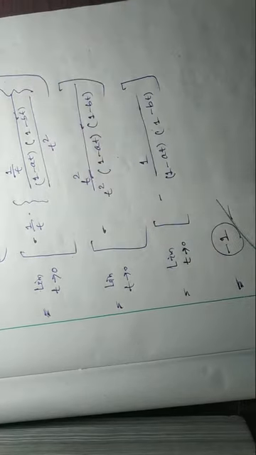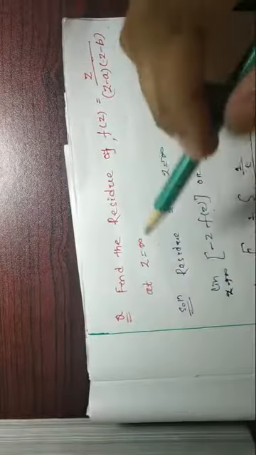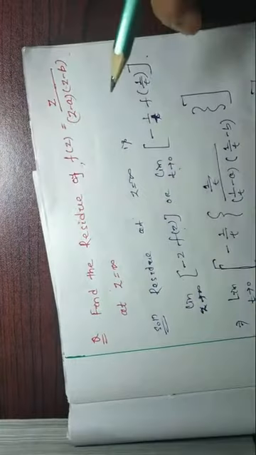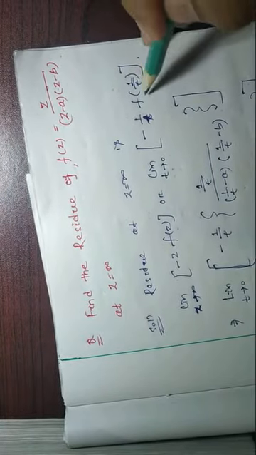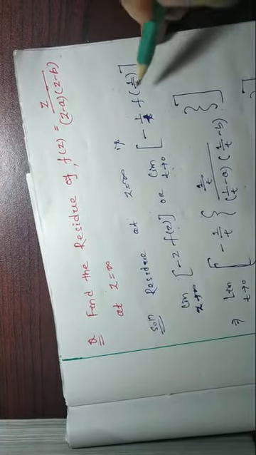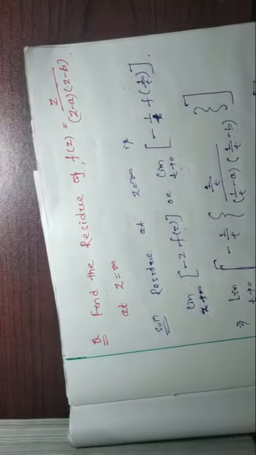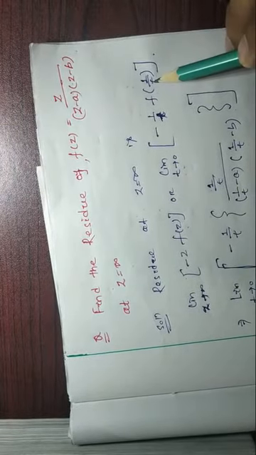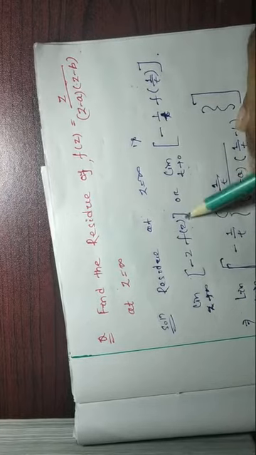So the residue at z equal to infinity, what we found, is minus 1. Or we can say the residue of this function at infinity, or we can say the residue of this function at 0, because this is nothing but the transformed function of f(z).